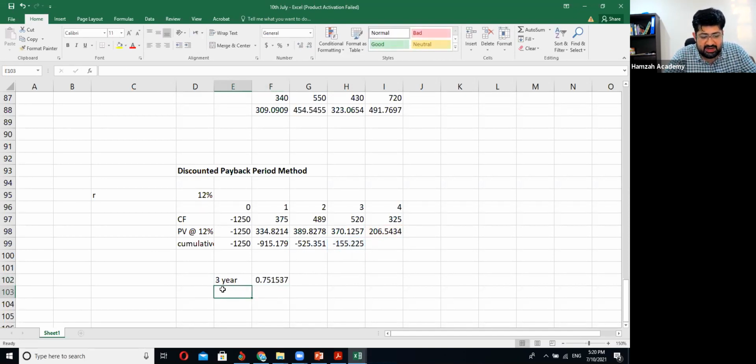So 3.75 years, or 3 years, you can simply multiply it with 12, 9 months.